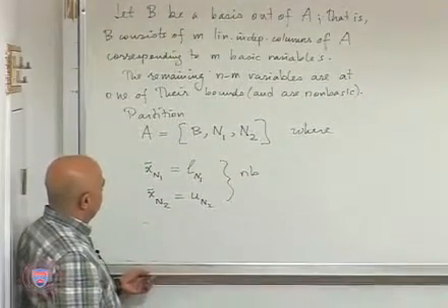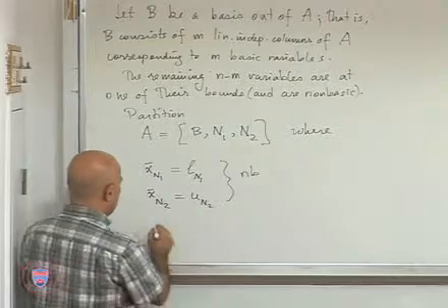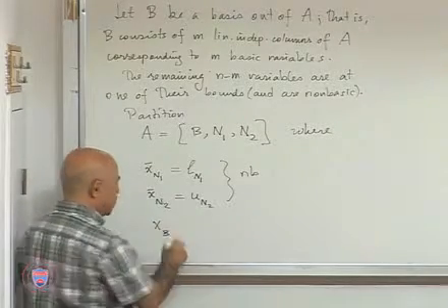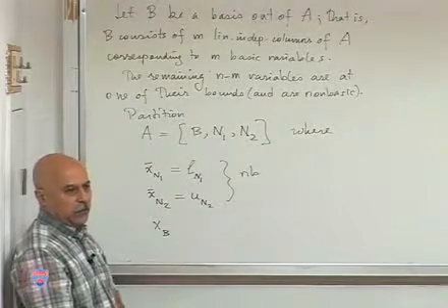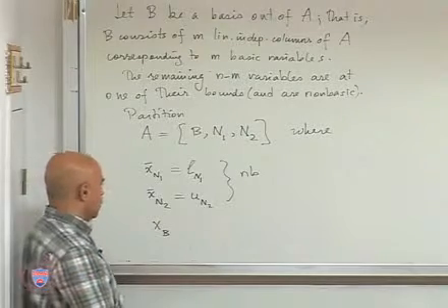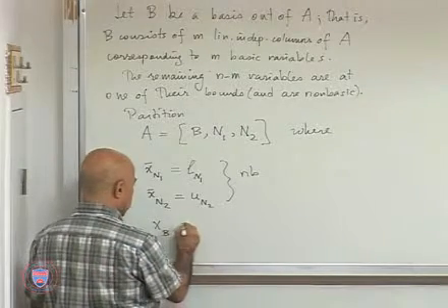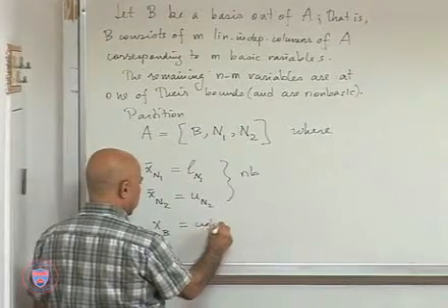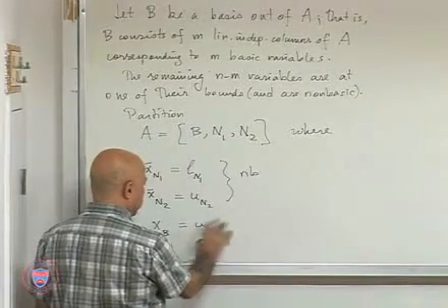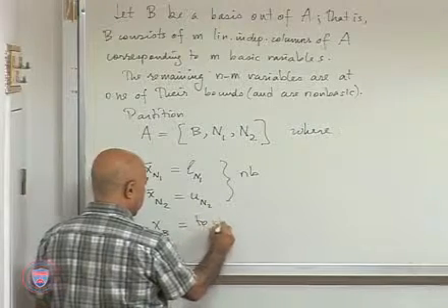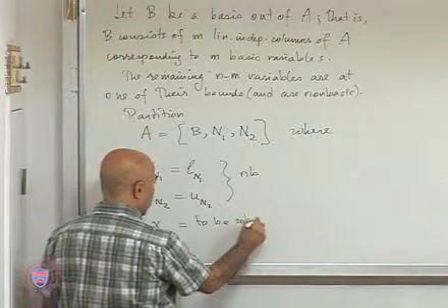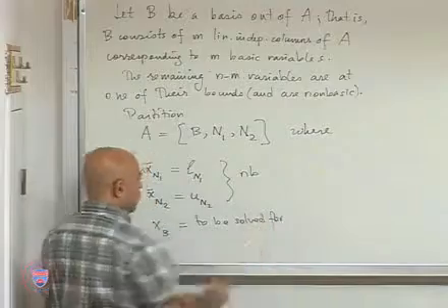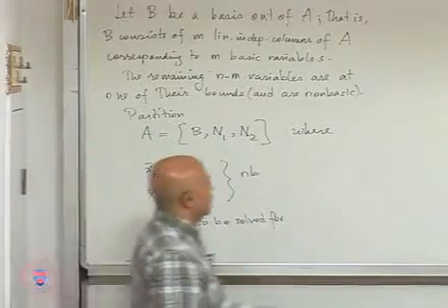And what else do we have? We've got the basic variables, but we don't know what they are. So we should solve for them. They are unknown right now, or to be solved for. Okay? So how do we solve for them?